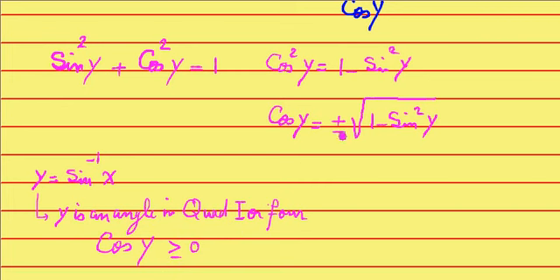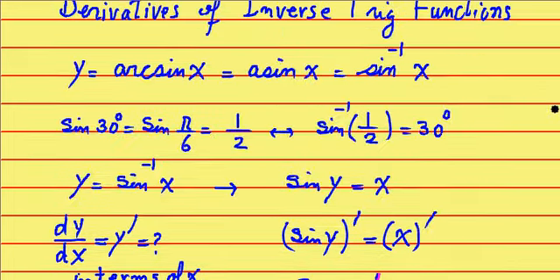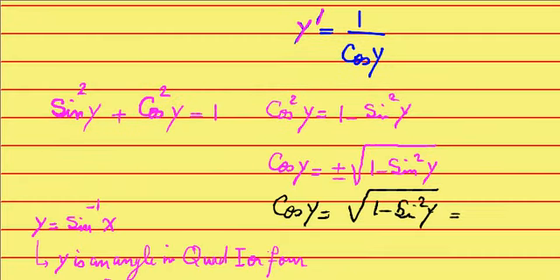So that tells us from these two choices, the choice that is going to be picked is cosine of y is equal to radical 1 minus sine square of y. Now what was sine square of y? Now sine of y is x. So sine square of this will be x squared. I go back here and write this.